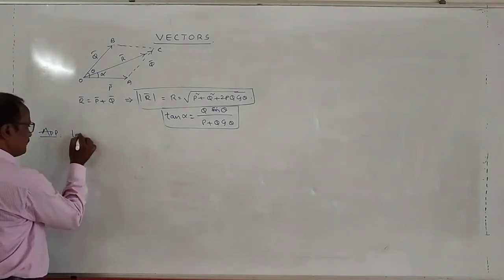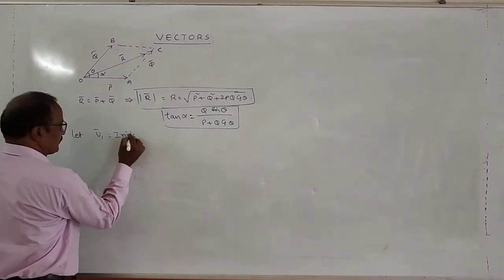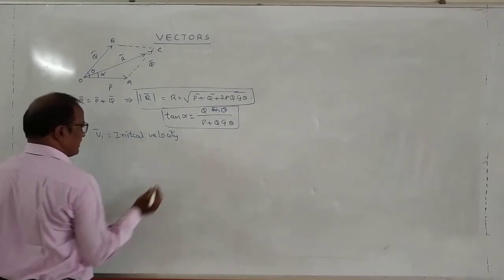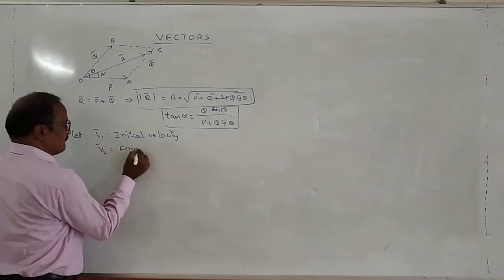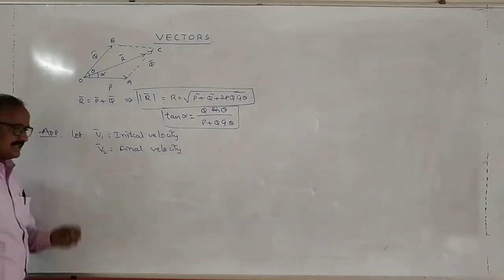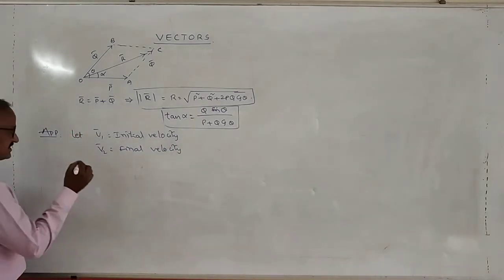Let v1 bar be the initial velocity of the particle and v2 bar the final velocity of the particle. Then what is the change in velocity?